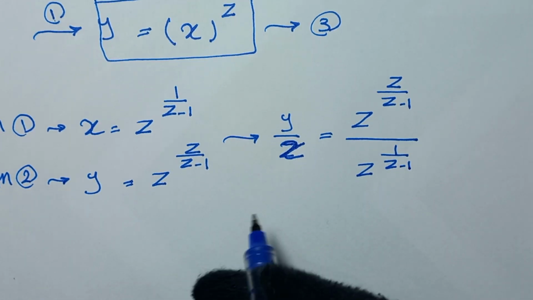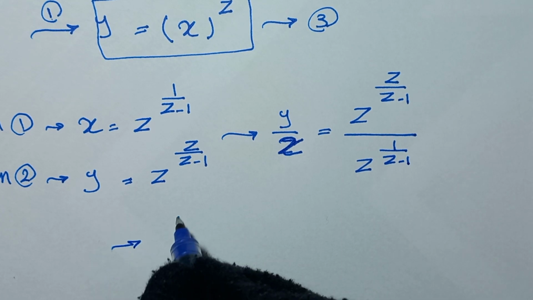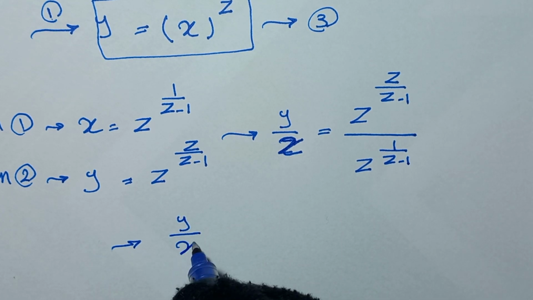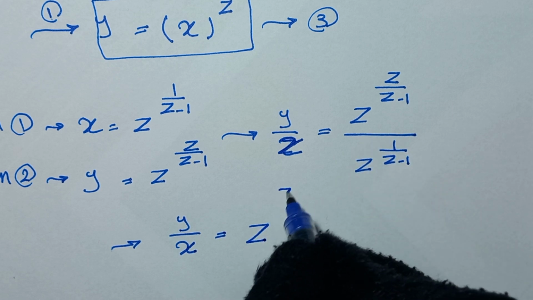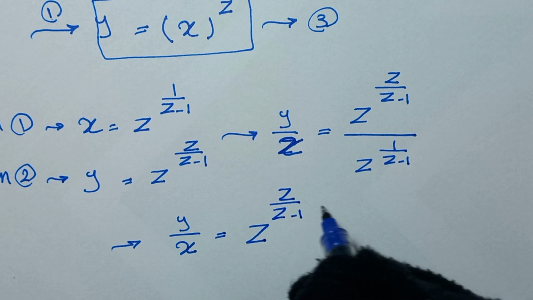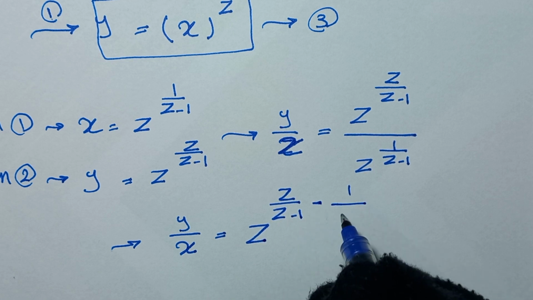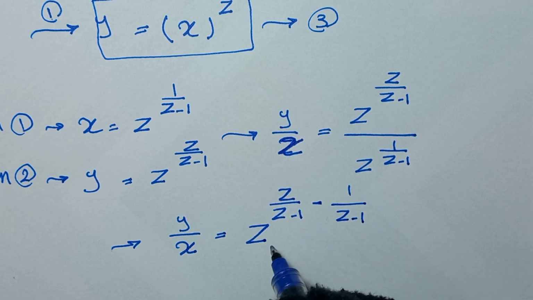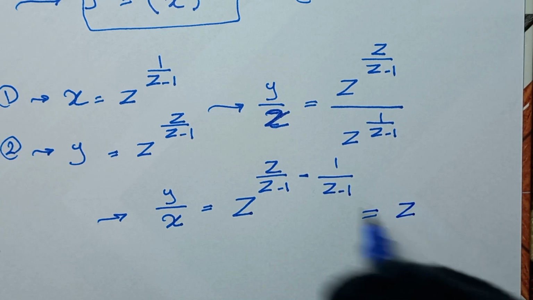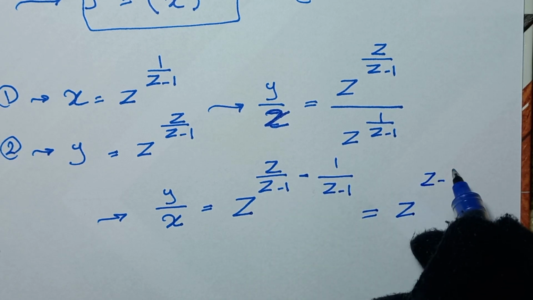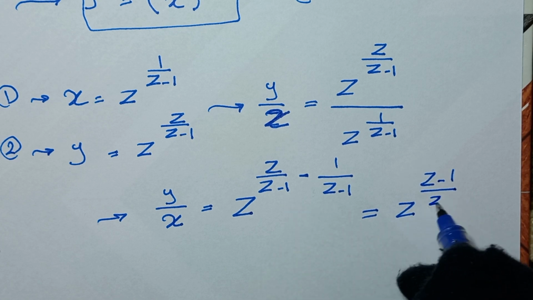And in here, y over x is equal to, we can write this as z to the power of z over z minus 1 minus 1 over z minus 1, right? And this is equal to z to the power of z minus 1 over z minus 1.